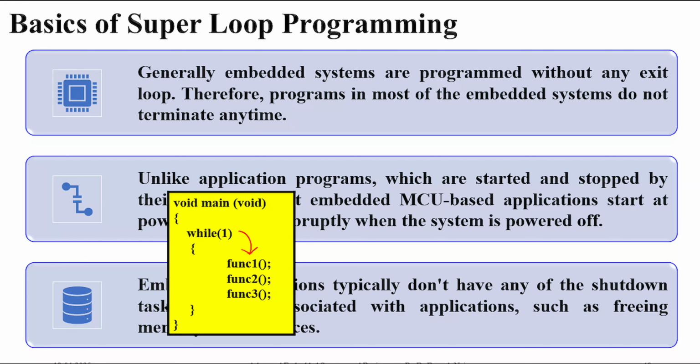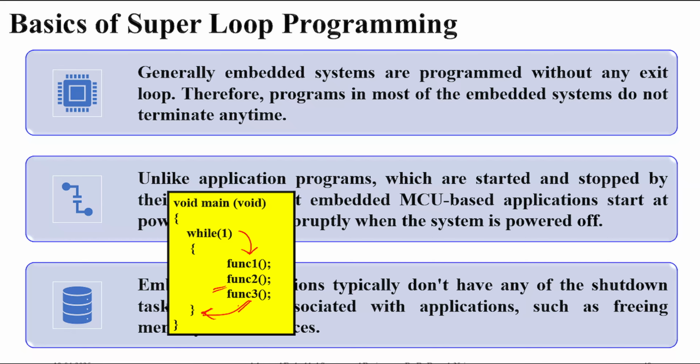First, function 1 will run and take the CPU resources to complete its job. Then it will hand over the CPU resources to function 2. Function 2 will take its own time to complete its job, then release the CPU resources, which will be taken by function 3.